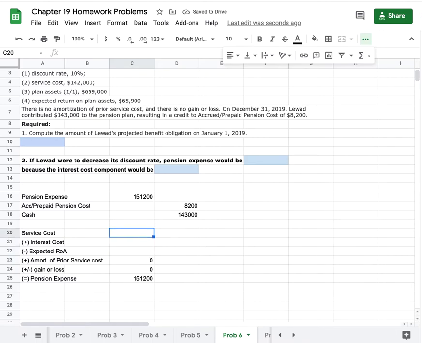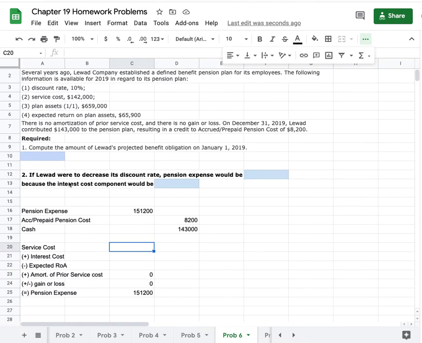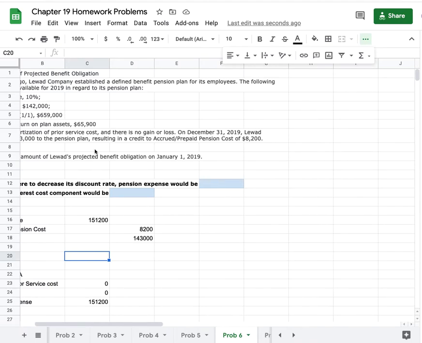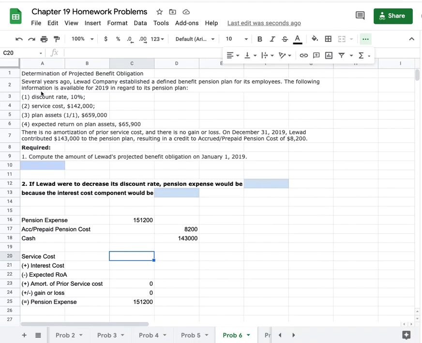The service cost is $142. The interest cost is what we need. We're going to have to solve for that, so we'll come to that in a second.